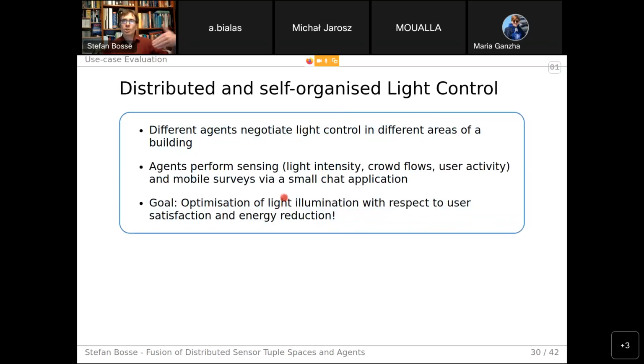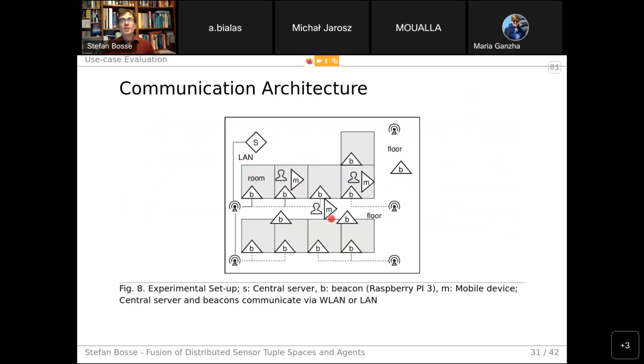So different agents negotiate light control in different areas of buildings. Agents perform sensing, light intensity, crowd flows, user activity, and mobile surveys via a small chat application. And the goal is to optimize the light illumination with respect to user satisfaction and energy reduction.